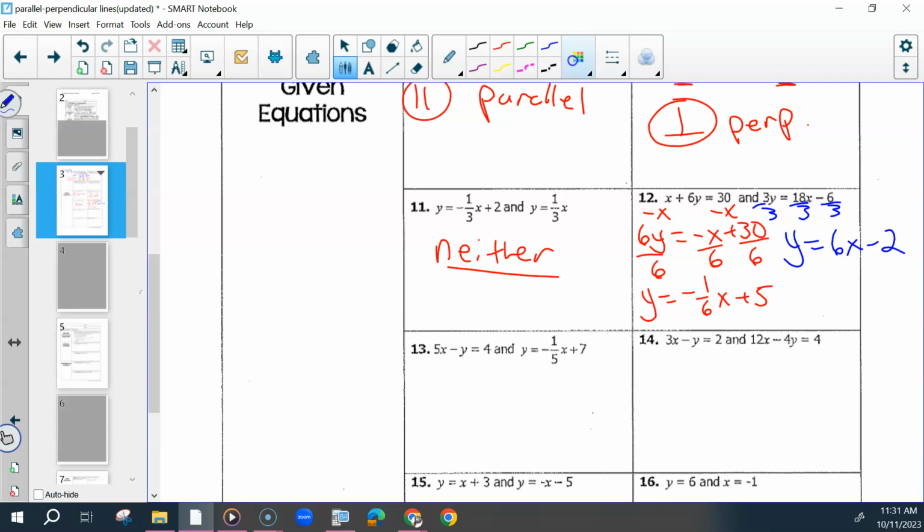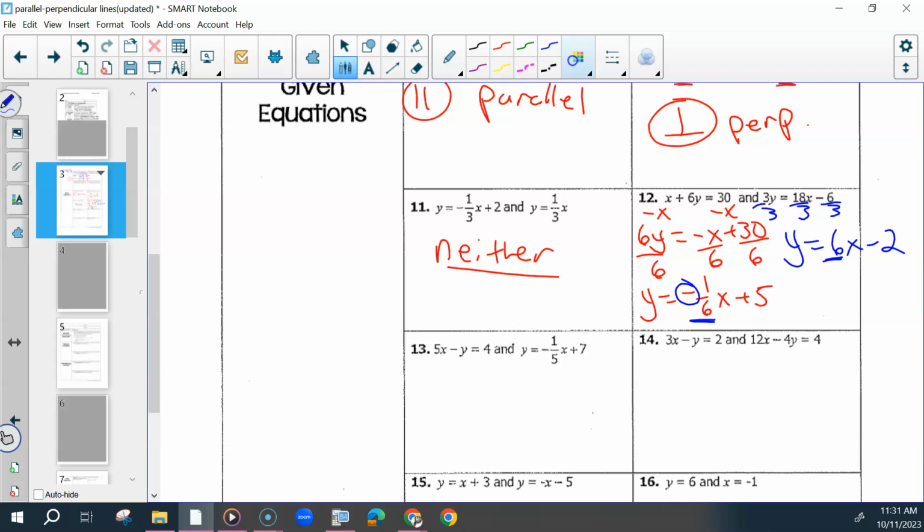Are these parallel, perpendicular, or neither? I heard whispers, but I didn't actually know what you said. Neither. Why neither? Because it's 5 and -2. So we're looking at the slopes, not the y-intercepts.